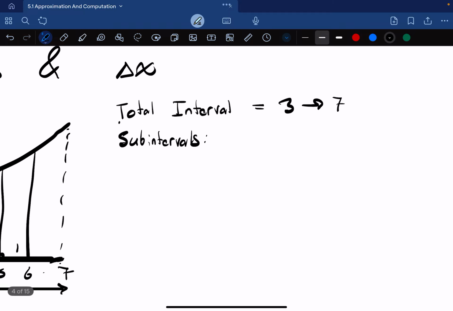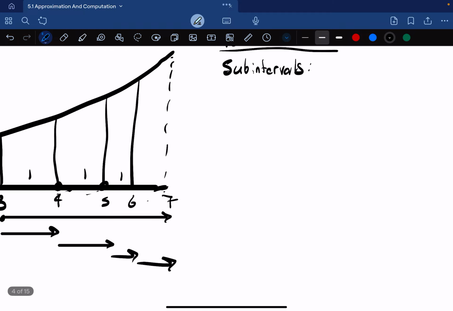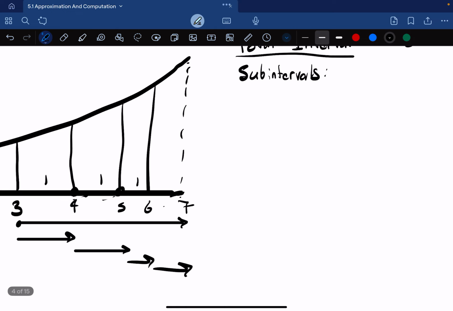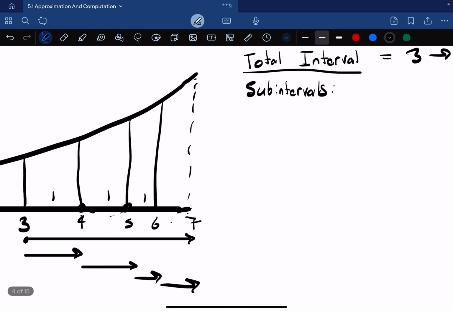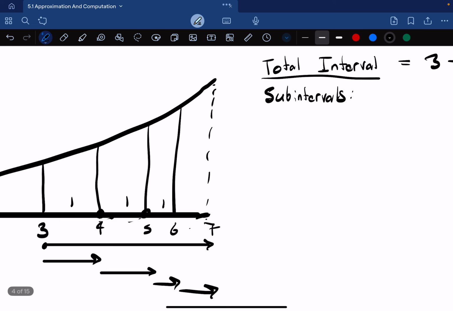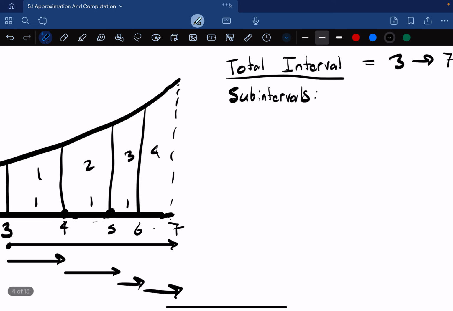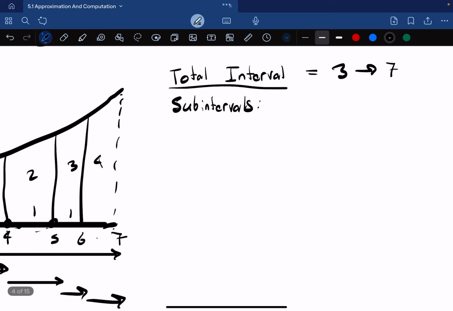So overall, there's only going to be one total interval, but there can be however many subintervals. The way I like to memorize this is that the number of rectangles is how many subintervals there are, because each rectangle has to have a start and end point. Because there are four rectangles here, there are going to be four subintervals.